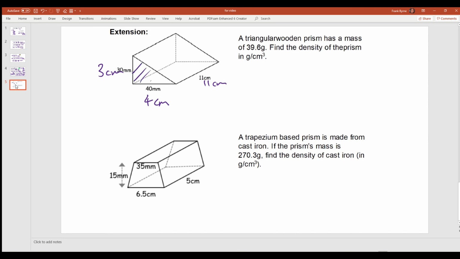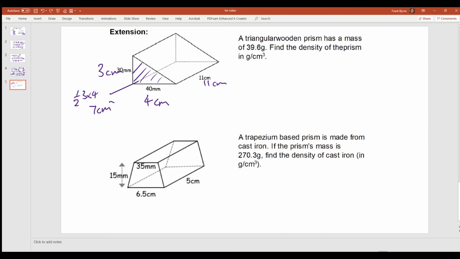Now the area of this side here is half base times height, so that's half times 3 times 4, which is 6 centimeters squared.